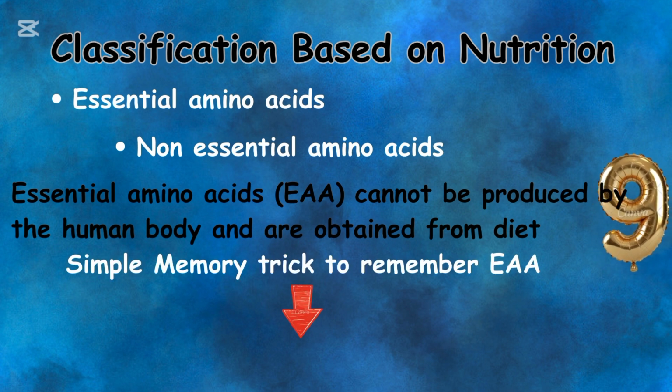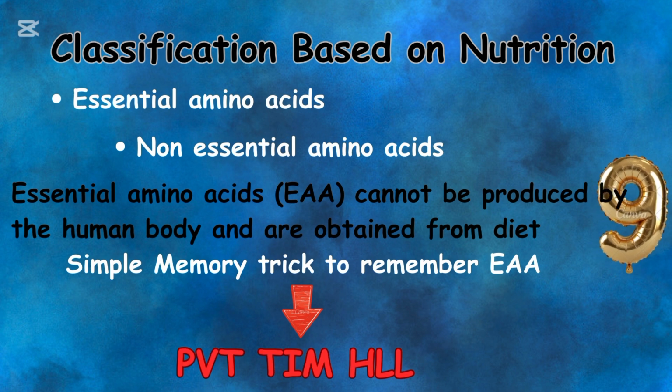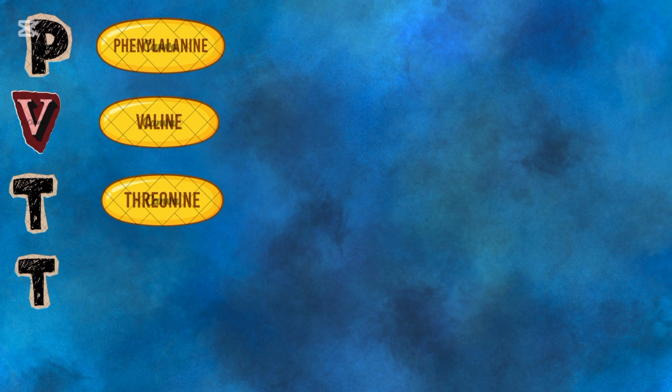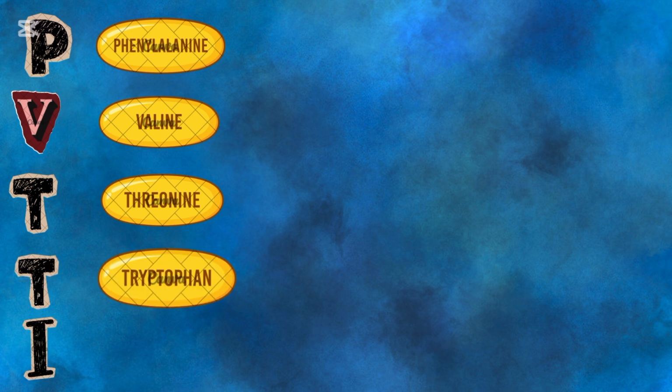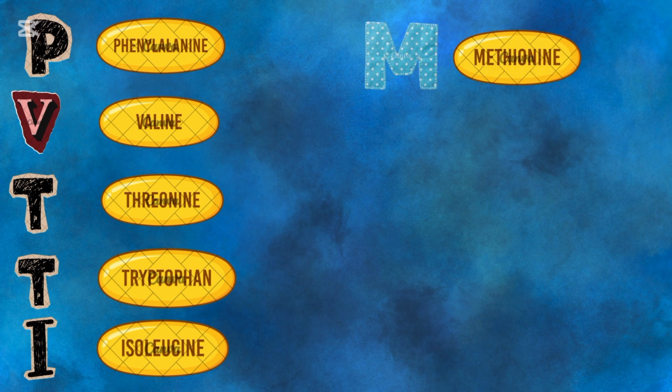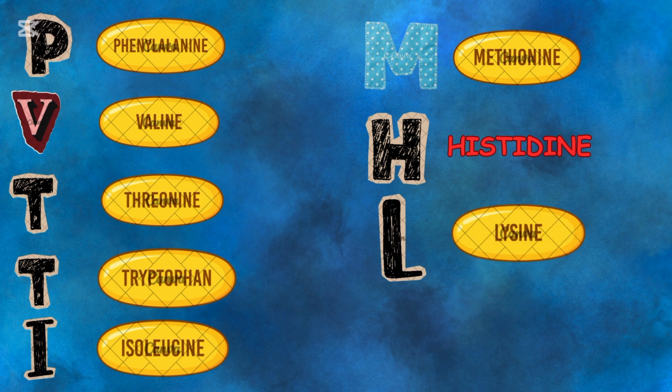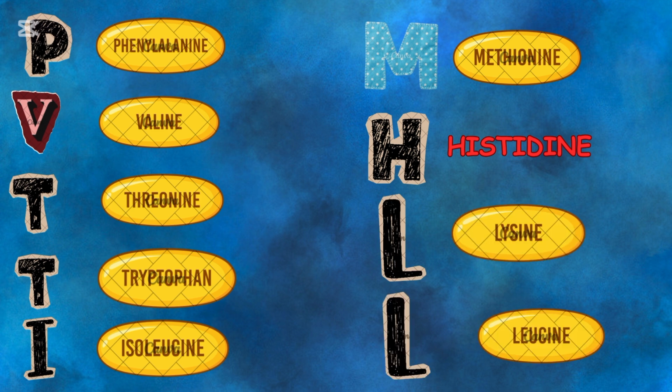Now let's use this simple memory trick to remember all the 9 essential amino acids, which is PVT TIM HALL, where P stands for phenylalanine, V stands for valine, T stands for threonine, T stands for tryptophan, I stands for isoleucine, M stands for methionine, H stands for histidine, L stands for lysine, and the other L stands for leucine.